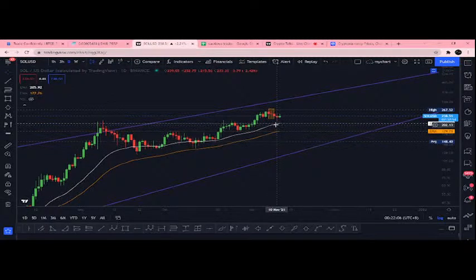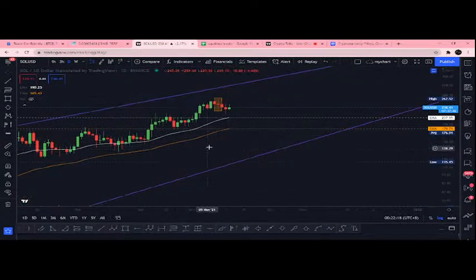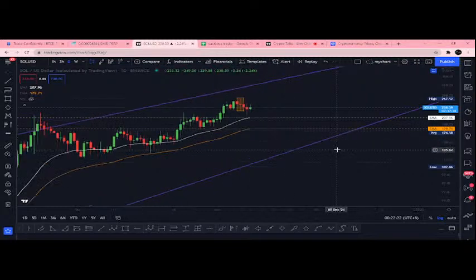For this one, it might just close to the EMA 30, because here the EMA is 207 and it went as low as 215.